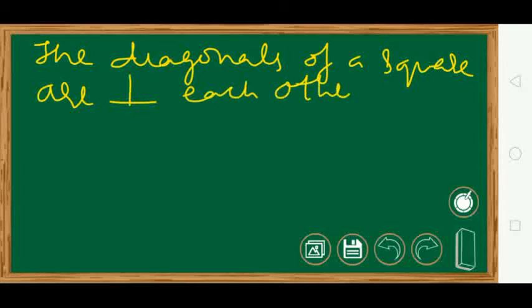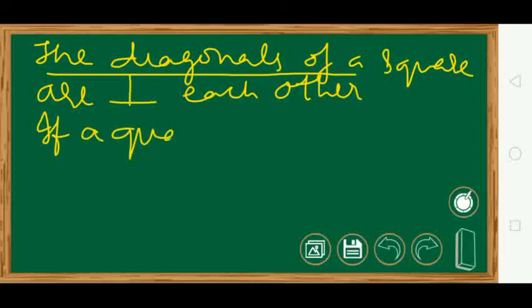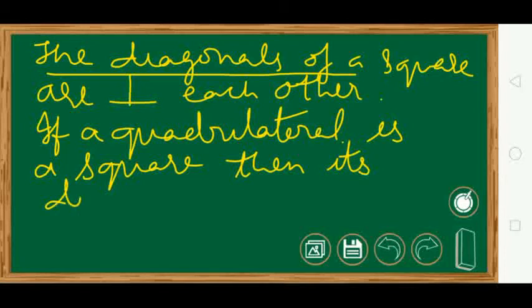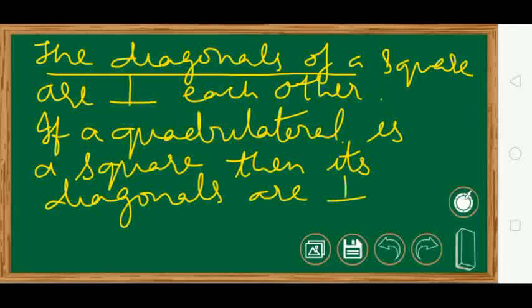Short form I will tell you, don't write. Now what is given? The diagonals of a square. So how will we write? If a quadrilateral is a square, then its diagonals are perpendicular to each other.